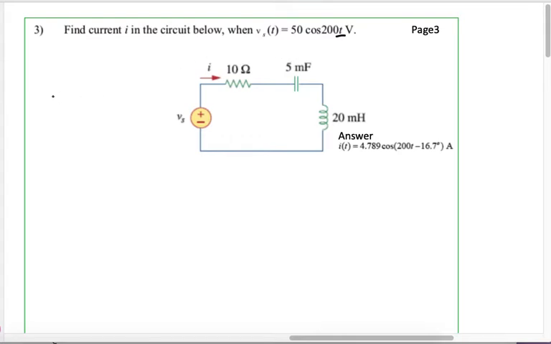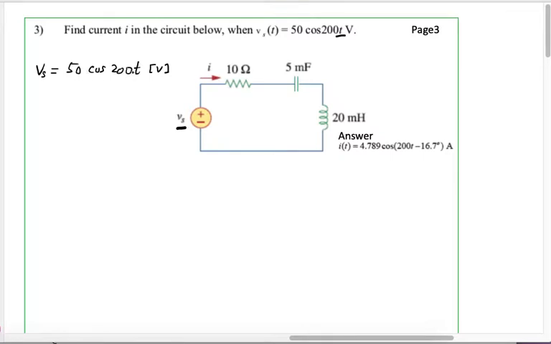First, what you need to do is change Vs into V frequency. Okay, so how do you do that? Simple. This is your Vs, the full equation, 50 cos 200t, and that's it. No phase shift, phi.